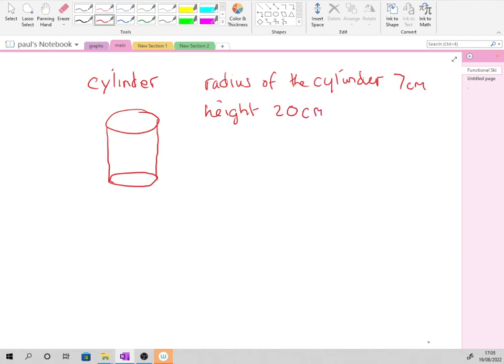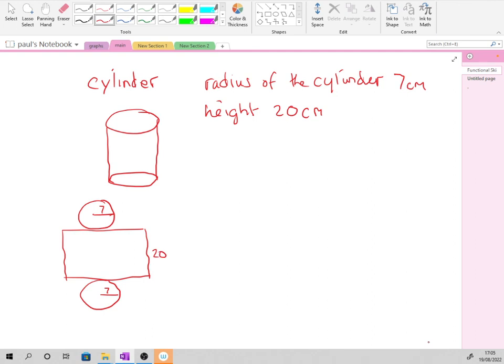Right, so what we need to do is we've got something like this, and this is where it might be handy to draw out what we're doing here, yeah? So we've got the radius is 7, and we've got 2 of them, and we know that the height is 20.